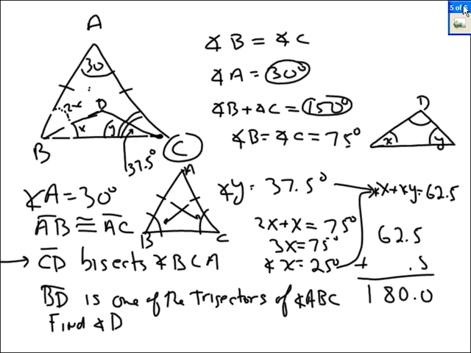Line up the decimals. 5 plus 5 is 0, carry the 1. 1 plus 2 is 3. To get 0, have to add 7. That's 10. Bring down the 0, carry the 1. That's 7. You want 8. So add a 1. Now you have the 8. And then you want 1. There's nothing here, so you add 1. The answer is, that's angle D. Angle D is 117.5 degrees.